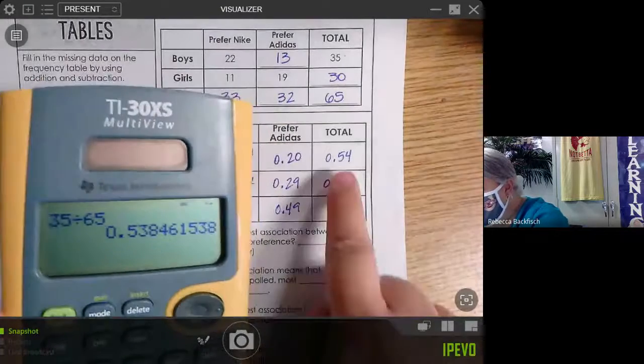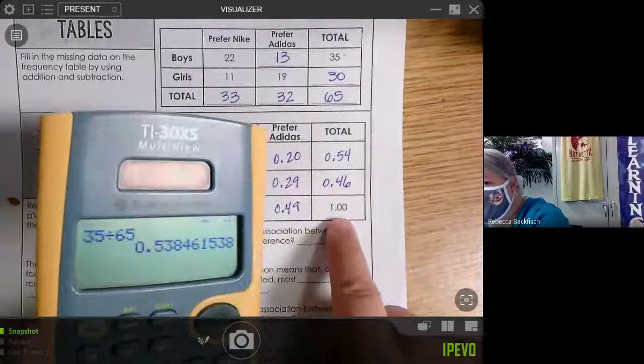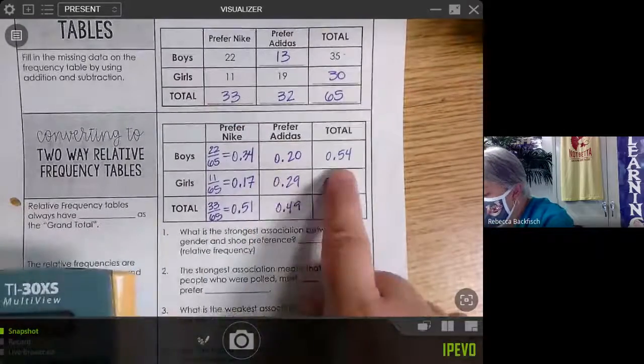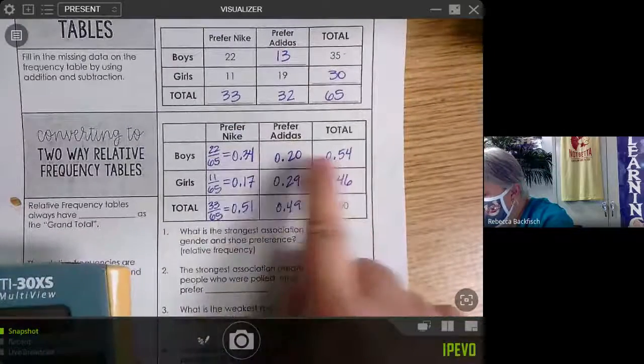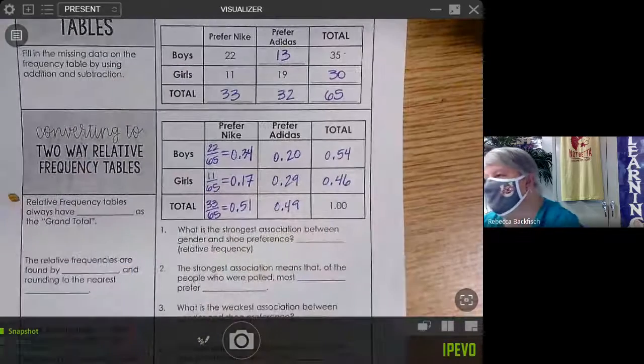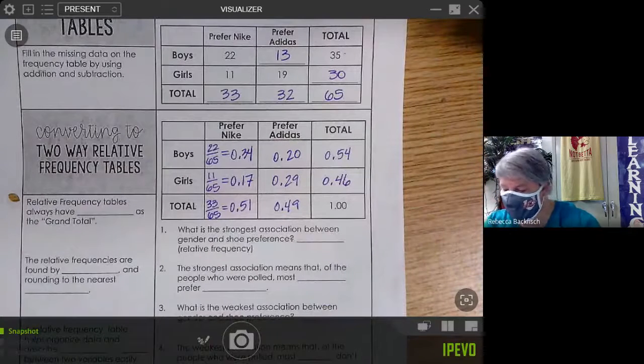Well, that rounds to 0.54, okay? And then those two add up to 1. And these two do add up to 0.54, but occasionally you'll have a situation where they don't exactly do it. And it's up to you how you choose to adjust it just slightly. Okay, but it's really just slight.